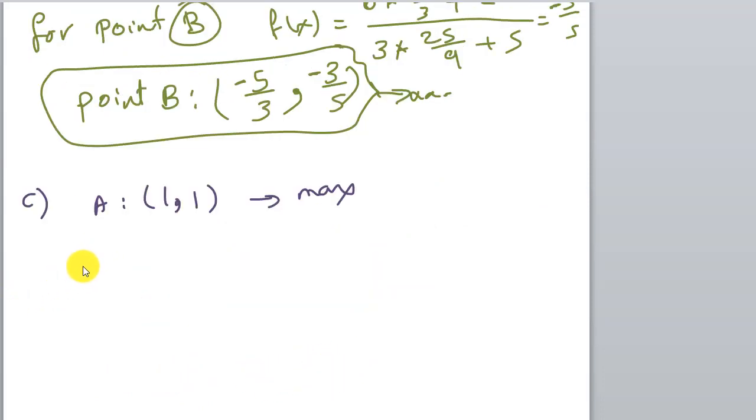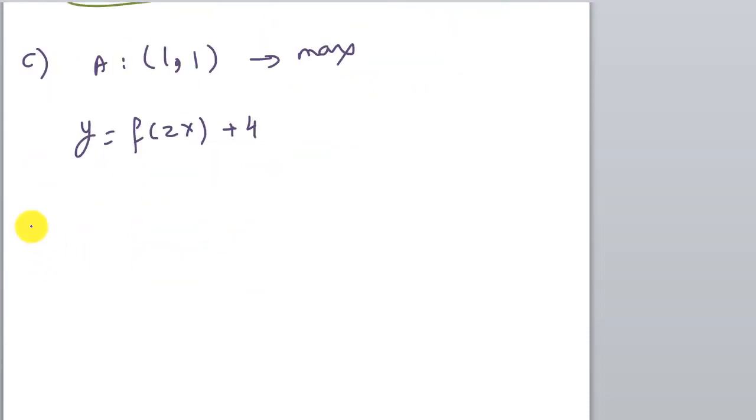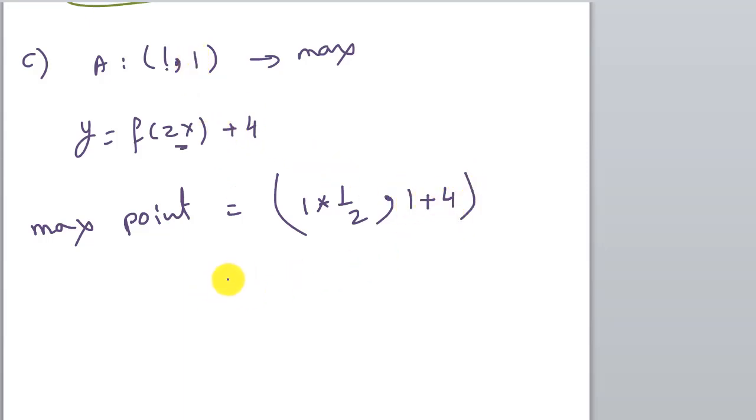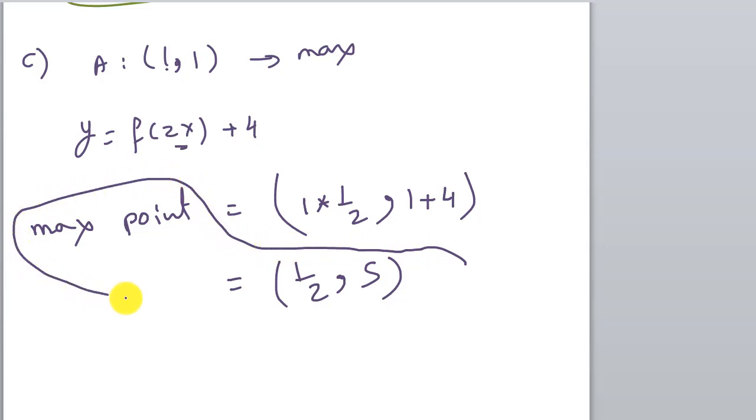So now the equation y equal to f of 2x plus 4. So the coordinate of the maximum point, this is 2x, so we multiply the x by half. 1 multiplied by half. This is plus 4, so the y plus 4. 1 plus 4. So it's equal to half and 5. And this is the maximum turning point.